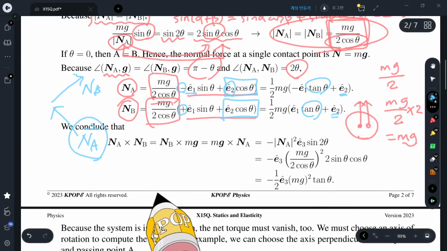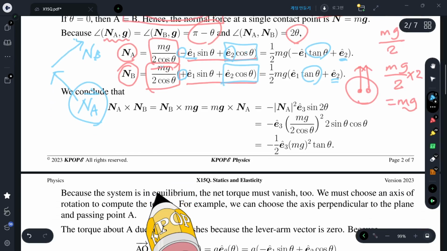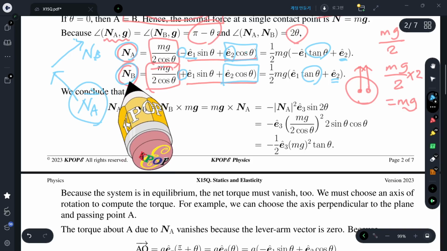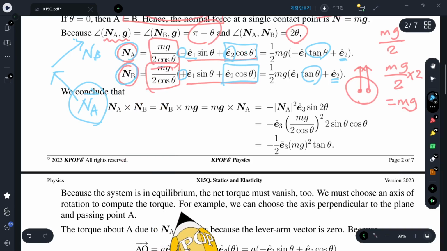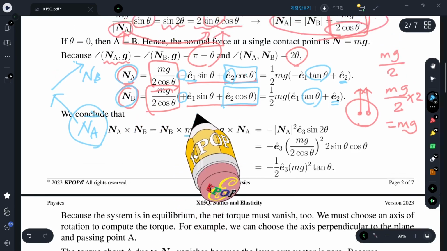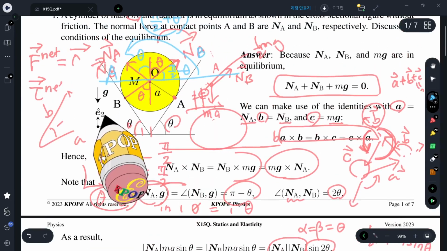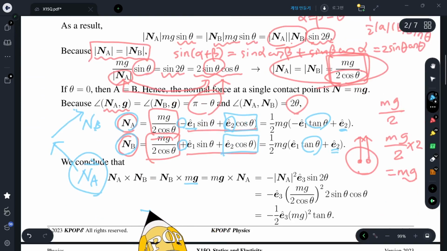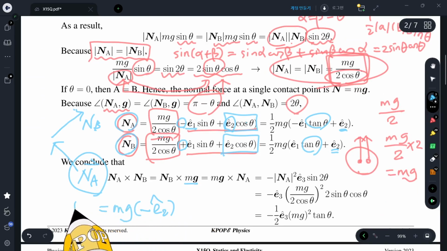Okay, we conclude that I have constructed the explicit value for NA, NB, and I know what mg is. mg is along the minus E2 direction. This vector.